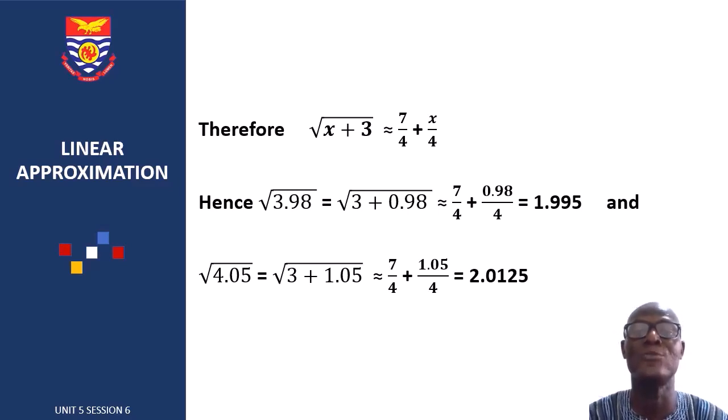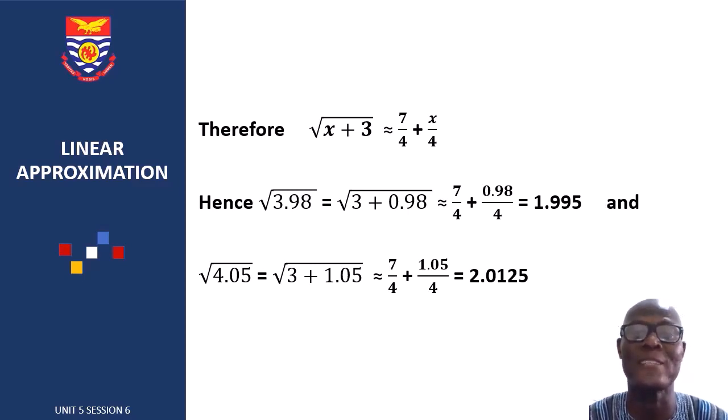And hence, using our answer to approximate √3.98, we need to find x in this. And to find x, we equate x + 3 to 3.98 and solve for x.